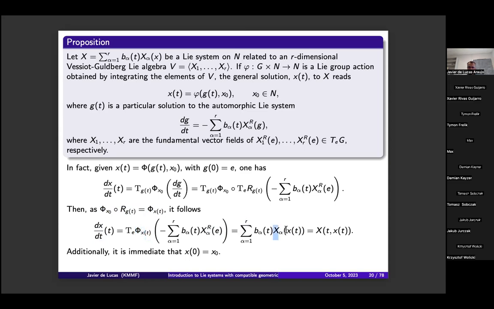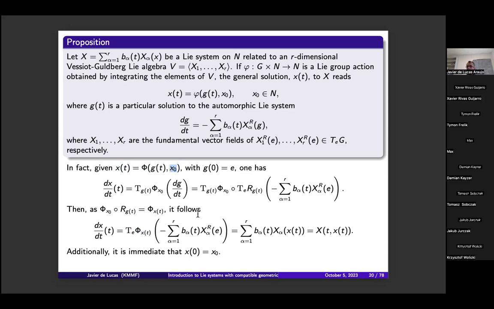So this is what is written here. But this linear combination is nothing but the time-dependent vector field at this point, x(t). So that means that x(t) defined in this manner is a solution of the Lie system, and this is the solution starting at the point x0. So if you vary x0, you get all the solutions.